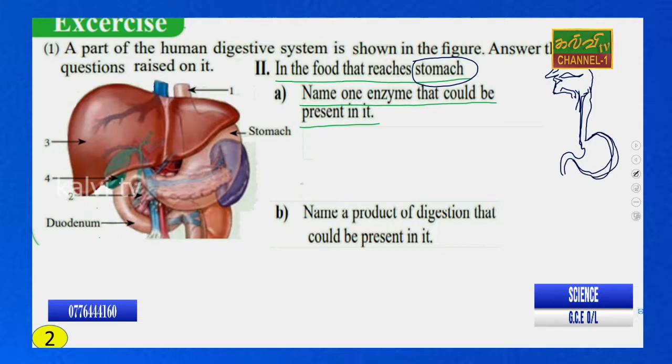What happened when we eat food? When we eat food, this is food. It will move through the mouth cavity to the esophagus. They ask the question when it has reached this position, when it has reached the stomach, because this is stomach.